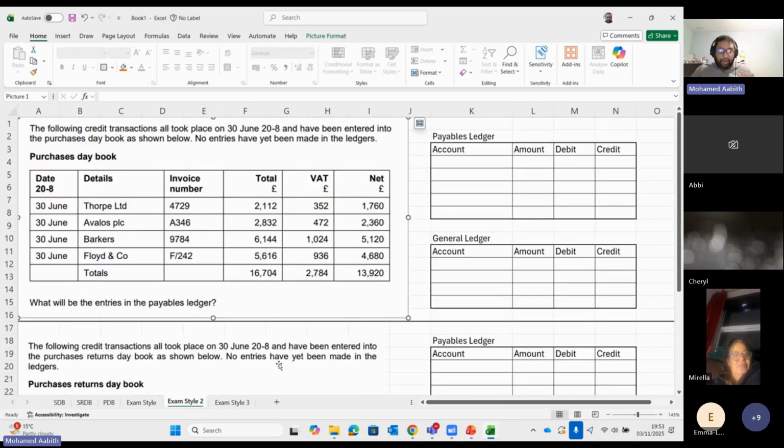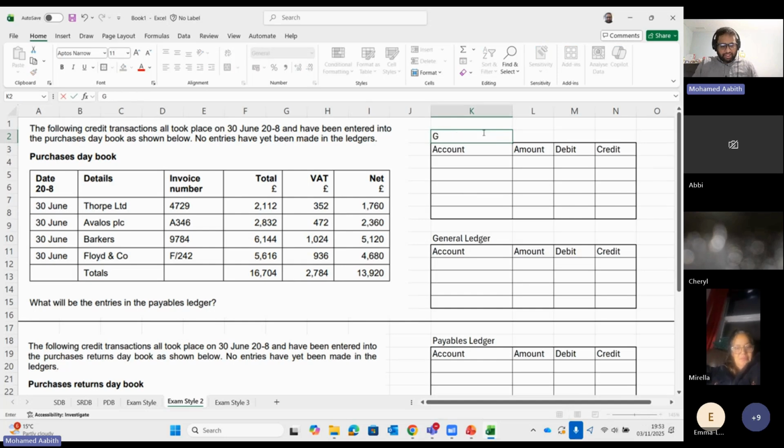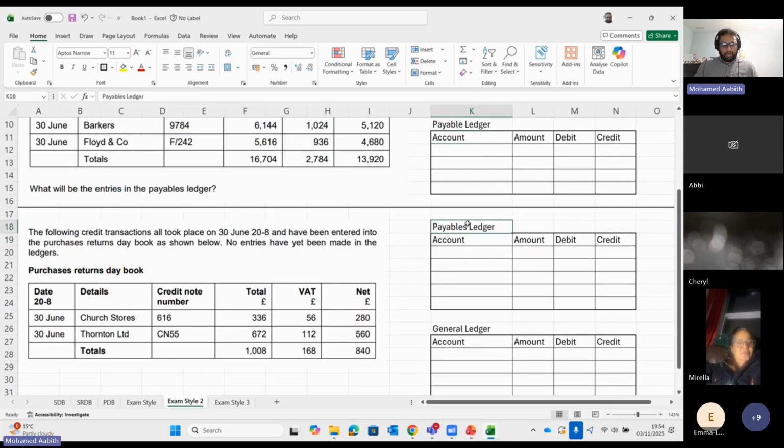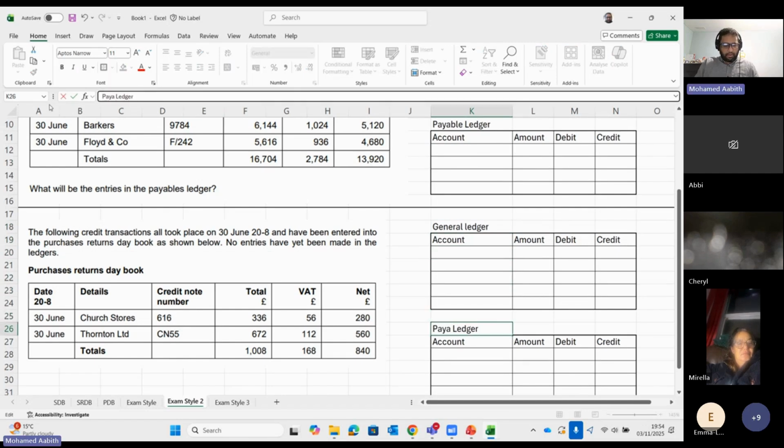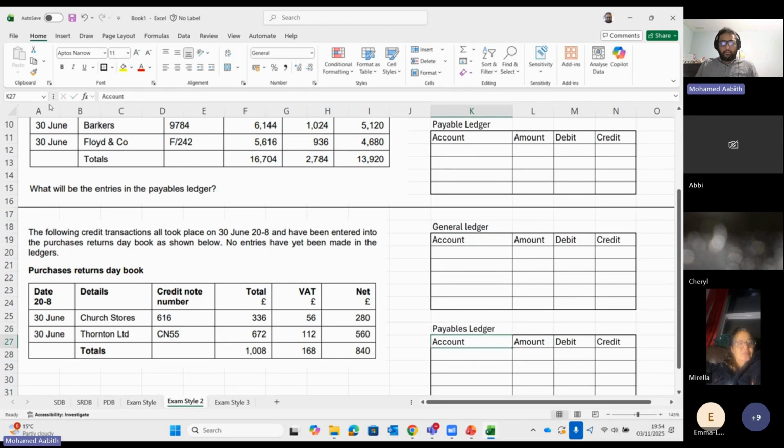We have purchases. Now you're going to see a little bit more of this. So they're asking you on the payables ledger. So let me change it. I'm going to say here general ledger, and here payables ledger.